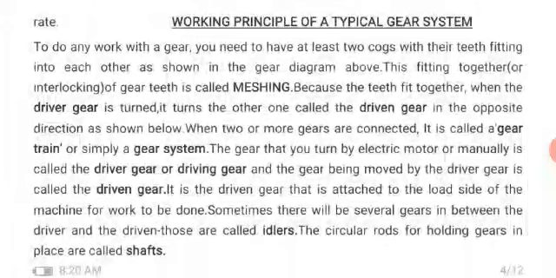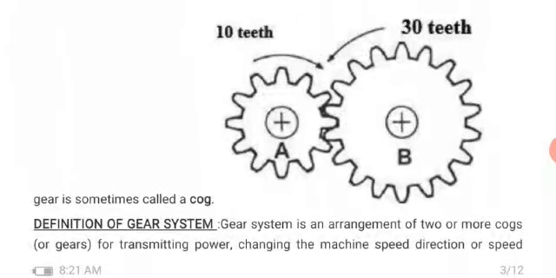Now to the working principle of a typical gear system. To do any work with a gear, you need to have at least two cogs with their teeth fitting into each other as shown in the diagram above. That means if you want to use gear system, you are going to need at least 2 gears with their teeth fitting into each other as the diagram is displaying.